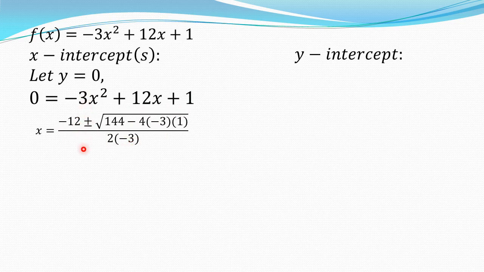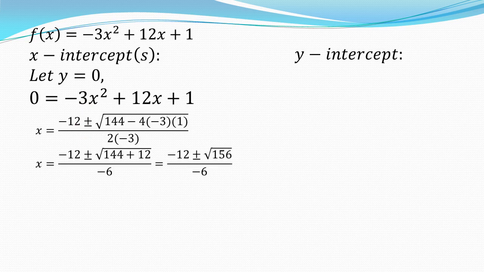Evaluating this, we have -12 plus or minus the square root of 144 plus 12. Be careful with the signs, multiplying and adding stuff. And the denominator would be 2 times -3 equals -6. So adding what's inside here, we get 156.